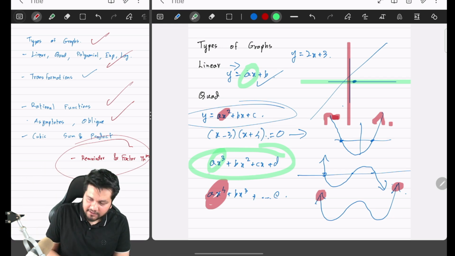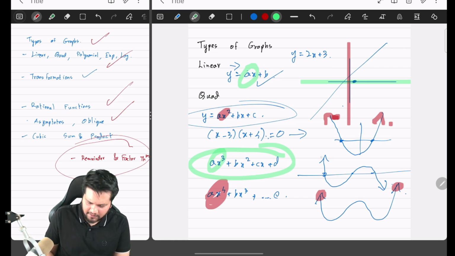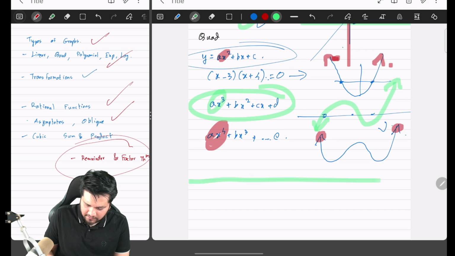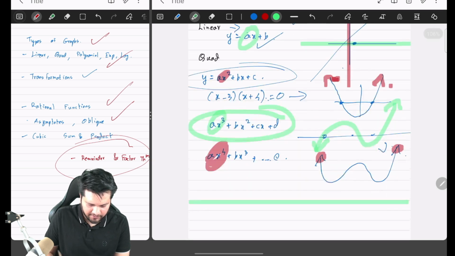But if I put minus 1000 here, it's going to be minus 1000 to the power of 3, which is going to be negative something. So as you can see, in this case it will be like this. So one side will go up, one side will go down. So as of now, you should just know how to draw these graphs. So we have covered linear, quadratic, polynomial.